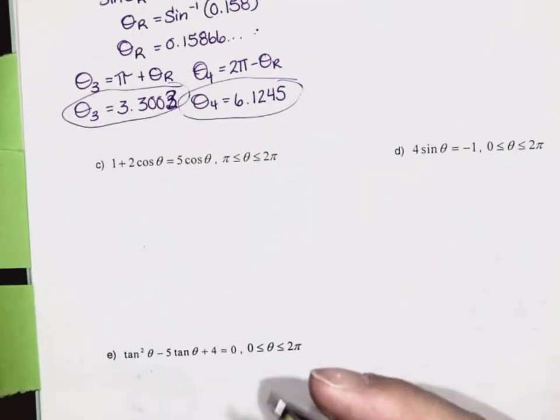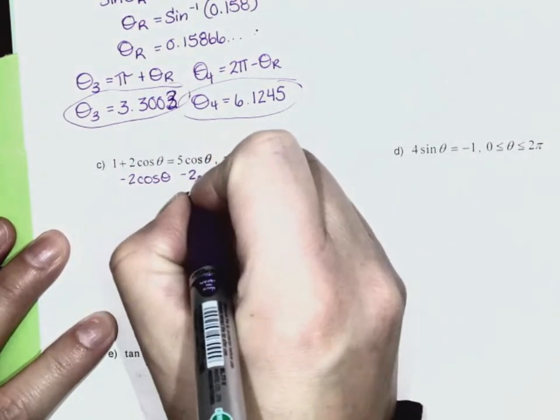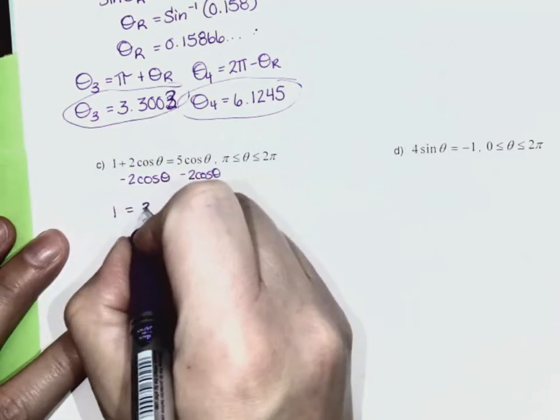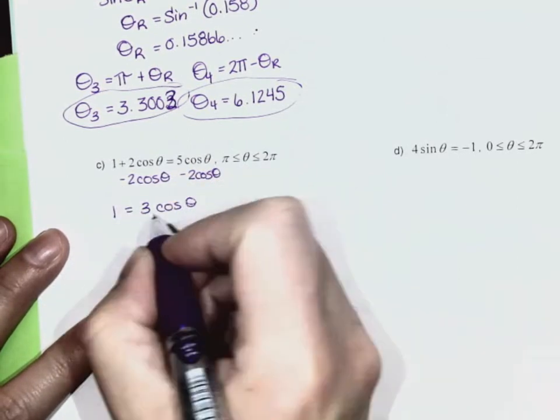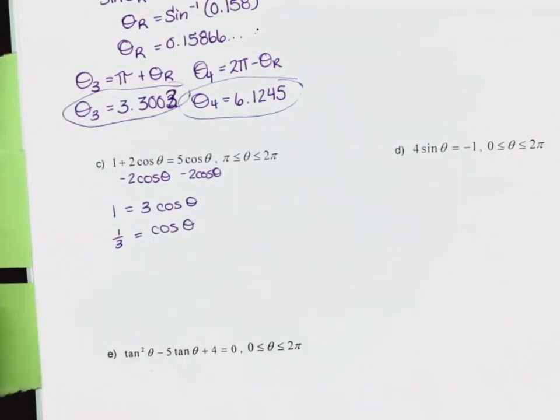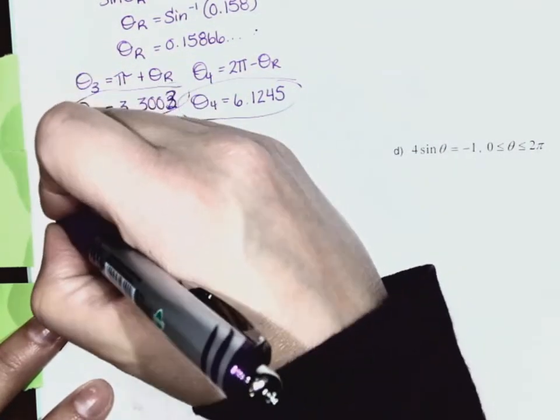If you're okay with these ones, I'm just going to subtract 2 cos theta from both sides, and we're going to have 1 equals 3 cos theta, so 1/3 equals cos theta. Okay, cos theta is positive in quadrants 1 and 4.